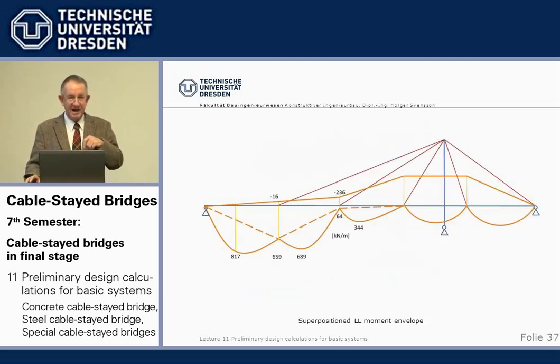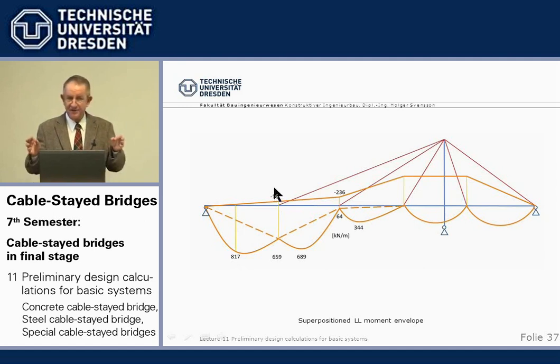Then we combine the precise moments from the unit loads to a moment envelope from live load, so that at every, say, cable anchor point and midspan, we have the biggest positive and the biggest negative moment from live loads.